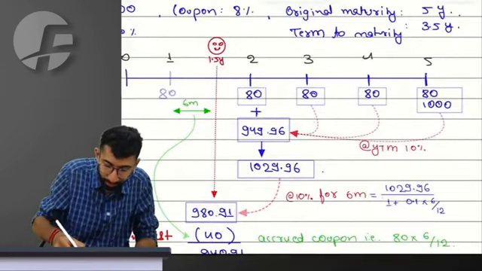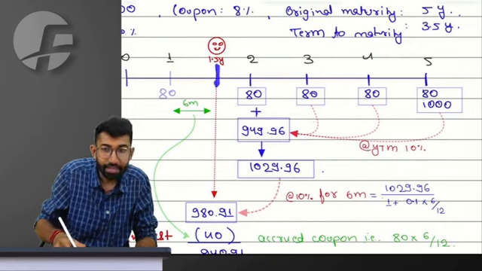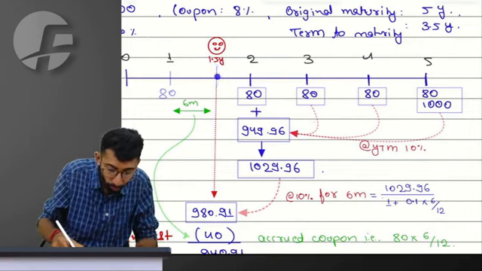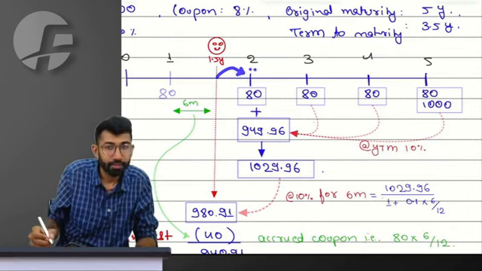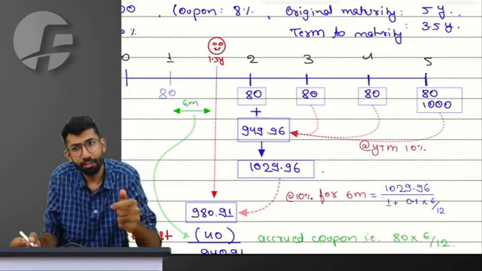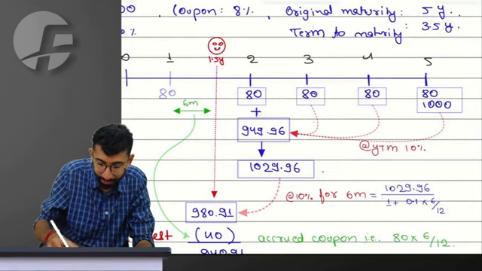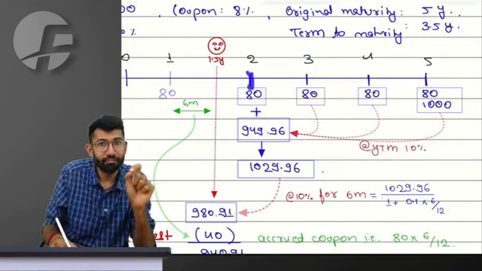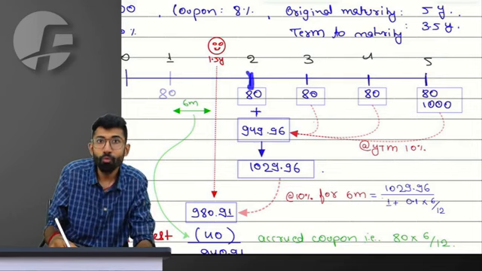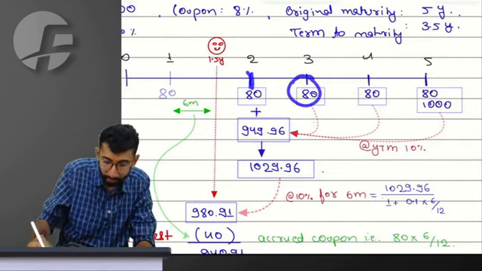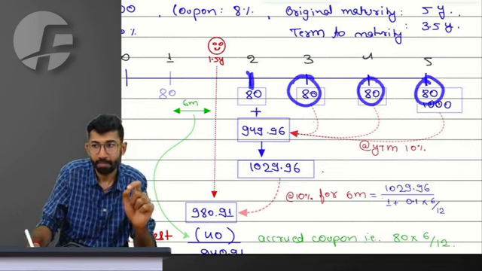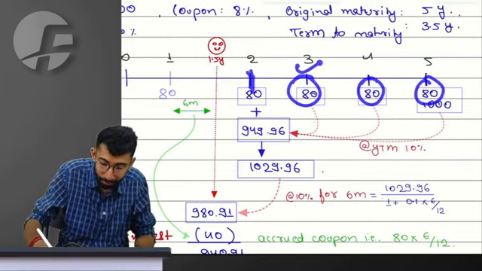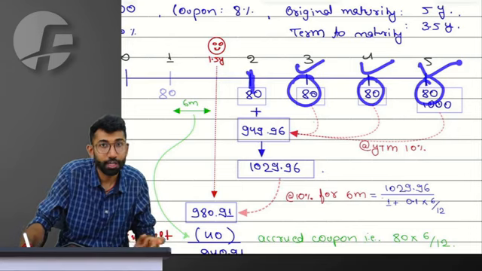Rather than standing at the end of 1.5 years, let me figure out what is the next coupon date. The very next coupon date is at the end of the second year. At the end of the second year, when I stand, are my future cash flows forming an annuity?